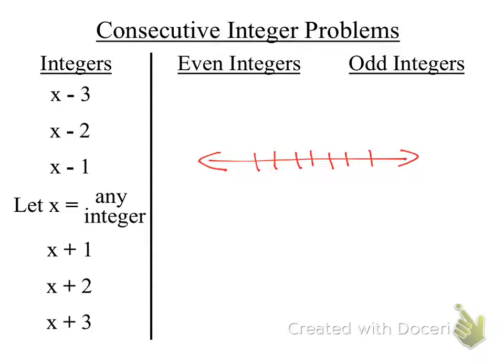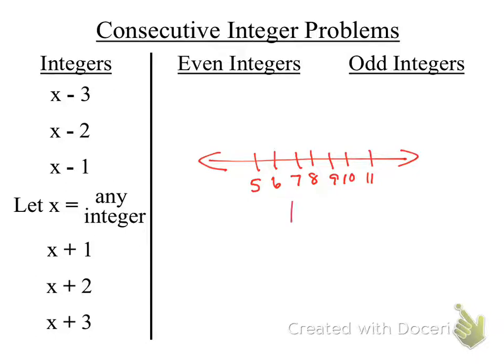So let's just start with 5, 6, 7, 8, 9, 10, 11. If these are my numbers in consecutive order, right now we know what they are.